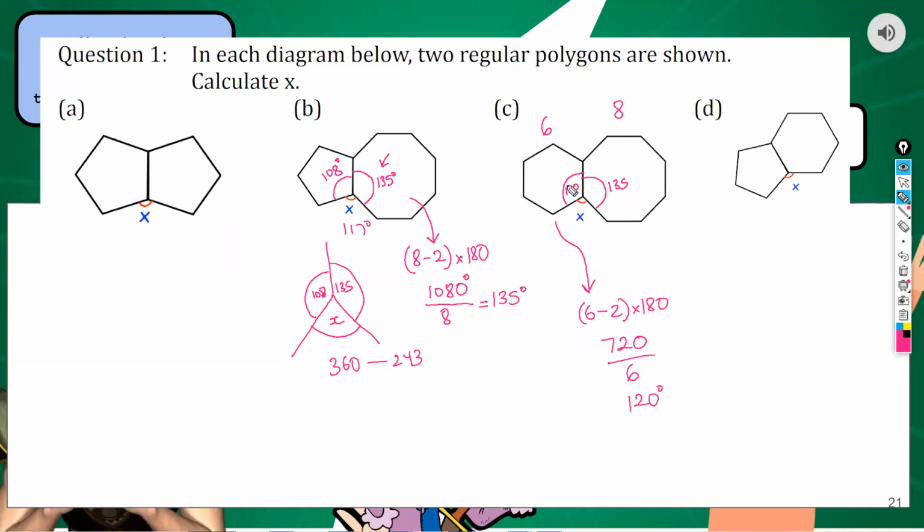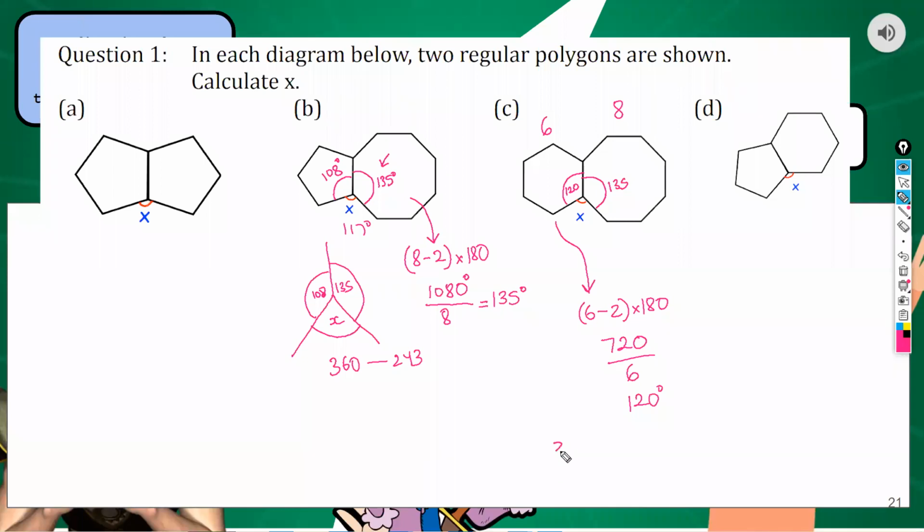Because in this area, all the angles must add up to 360. When you look at it, it's a circle in that particular area when you combine all three angles. So add 120 and 135 and minus it from 360.